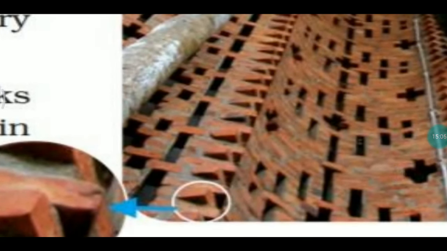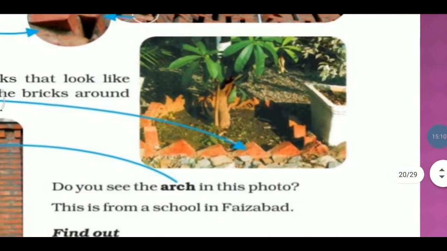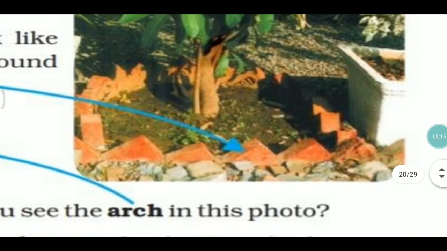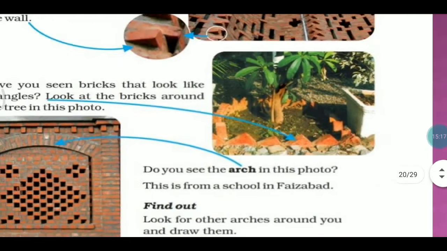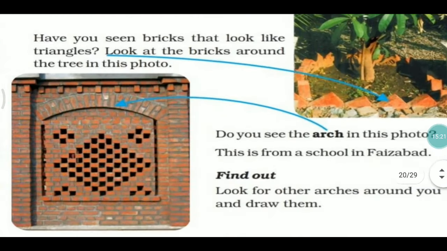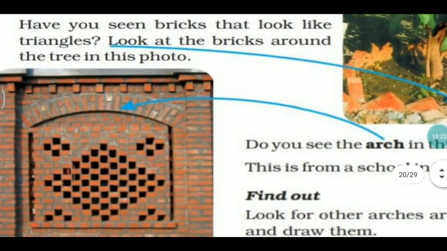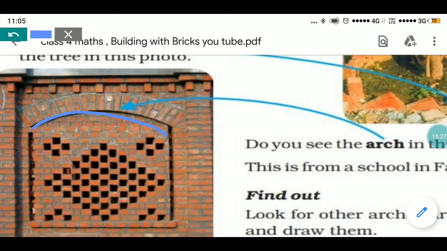Have you seen bricks that look like triangles? Look at the bricks around the tree in this photo. Triangle shaped. Next, students, do you see the arch in this photo? Look at the pointed section. This is from a school in Faizabad.